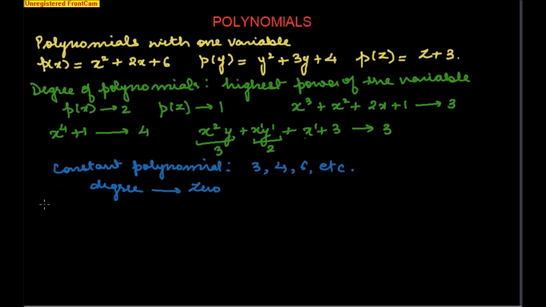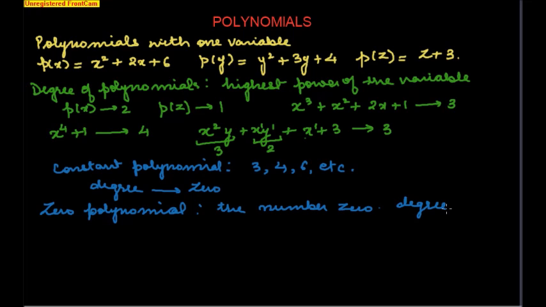Now there is another type of polynomial called zero polynomial. What is zero polynomial? The number 0 is the zero polynomial. But what is the degree of it? Its degree is not defined. This is the zero polynomial.